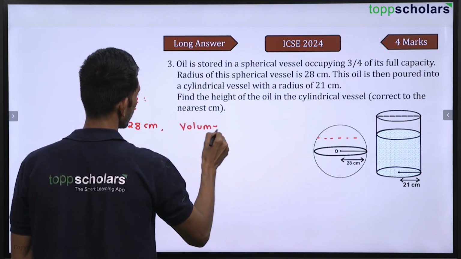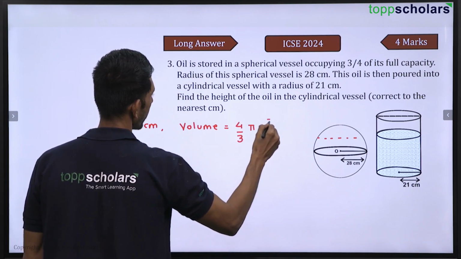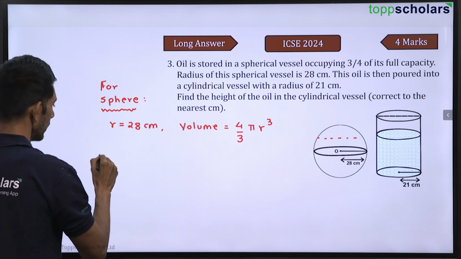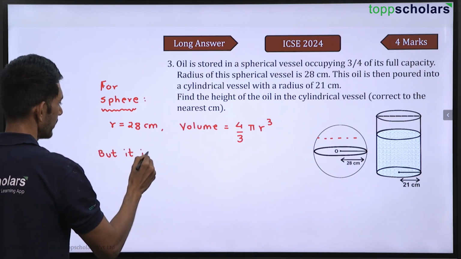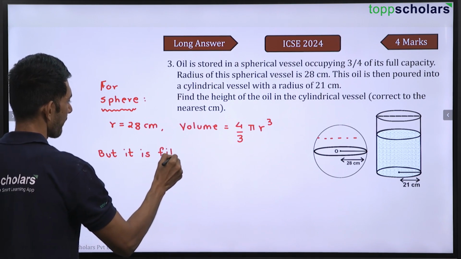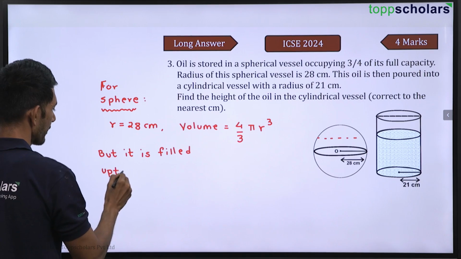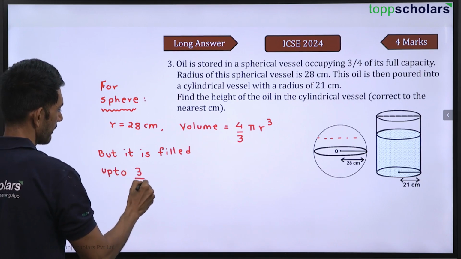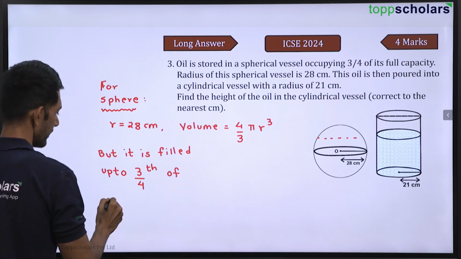Volume of sphere is 4/3 pi r cube, but it is filled up to 3/4, right? 3/4 of the total capacity.